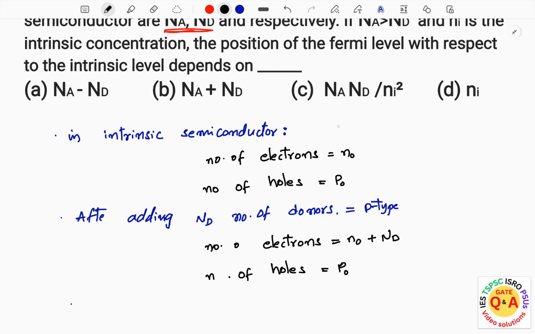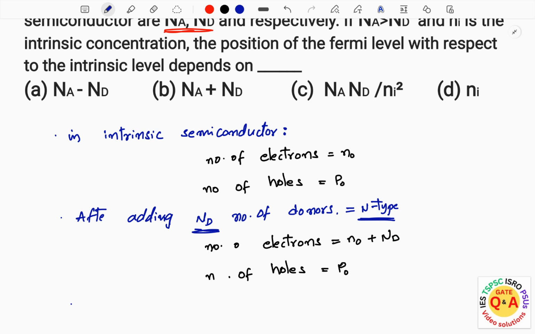Sorry, this is not p-type, this is n-type semiconductor. By adding Nd it becomes n-type, so the number of electrons will increase from N0 to N0 plus Nd.